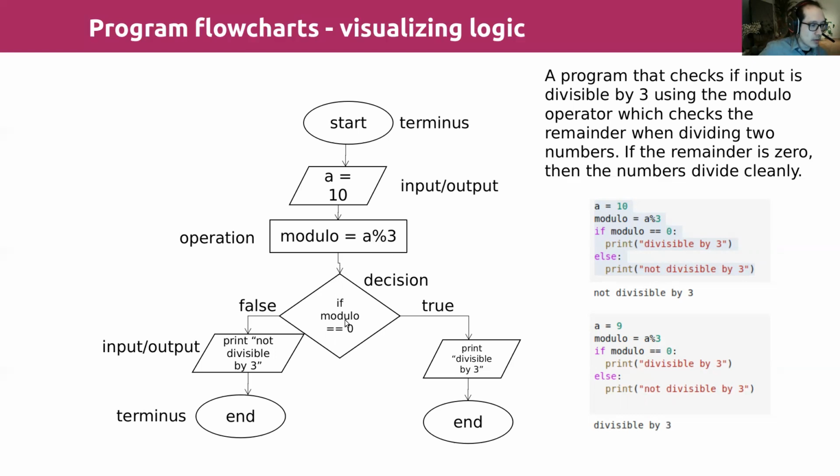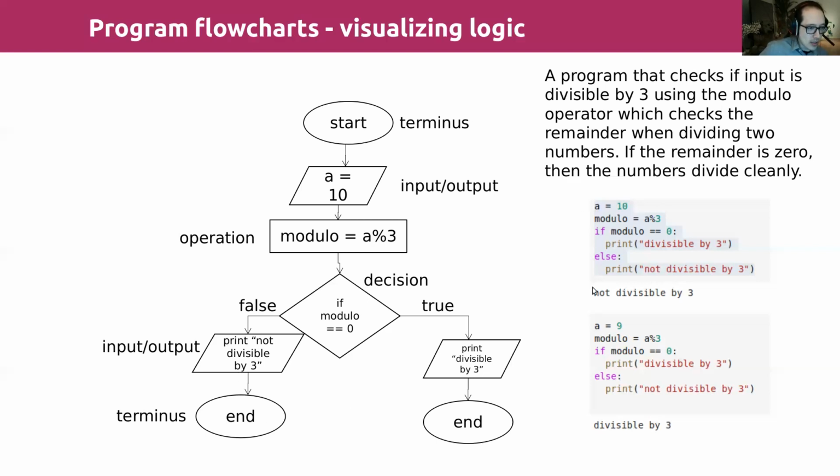So if the modulo is in fact 0, remember this double equal sign, if that's true, then go this way, and it will print divisible by 3, and then it's done. If not, if this condition is not satisfied, so if a modulo 3 gives any other number, then we know that it's not divisible by 3, and it will go down this path and will print out as our output here, not divisible by 3, and the program ends.